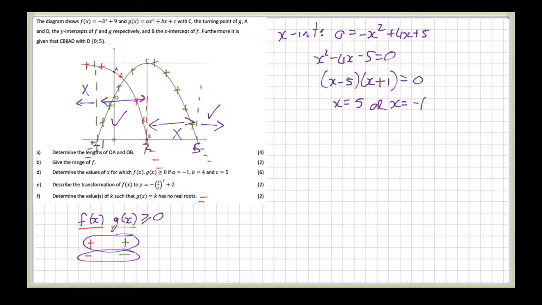Remember, we have 2 from the previous slide where we got B's coordinates. So let's look at this first domain. So x between -1 and 2. Now here comes the thing. Did I say equal to? Yes, I did.